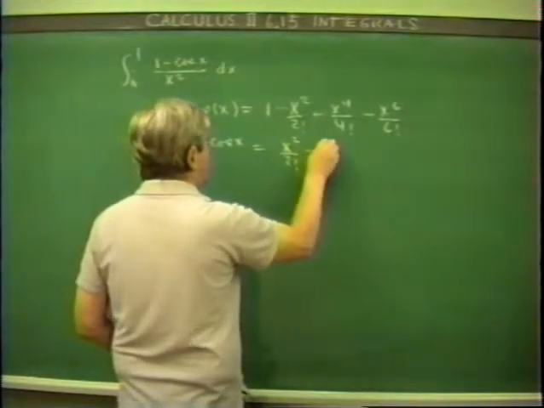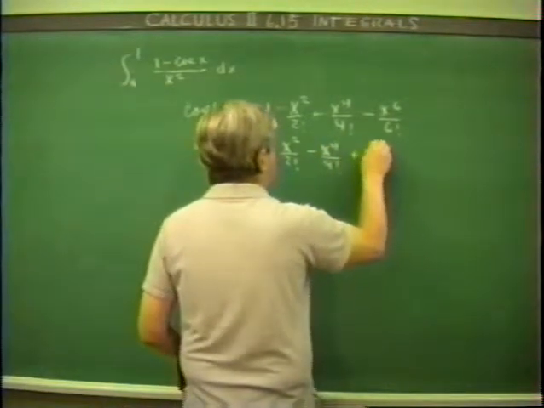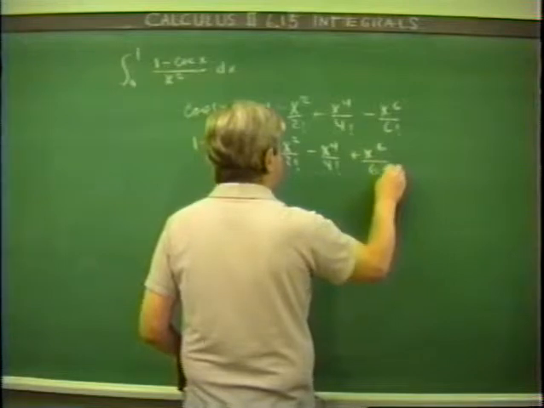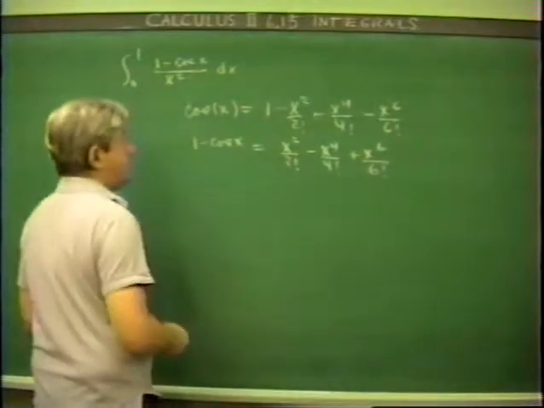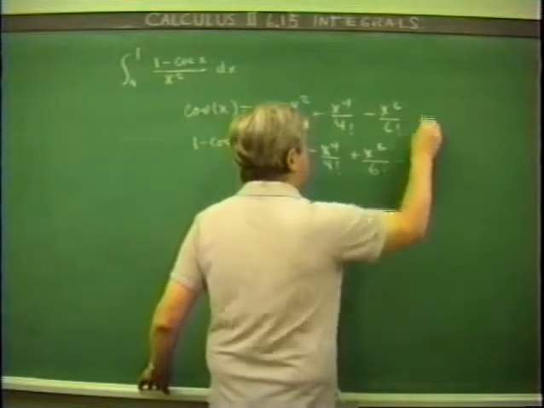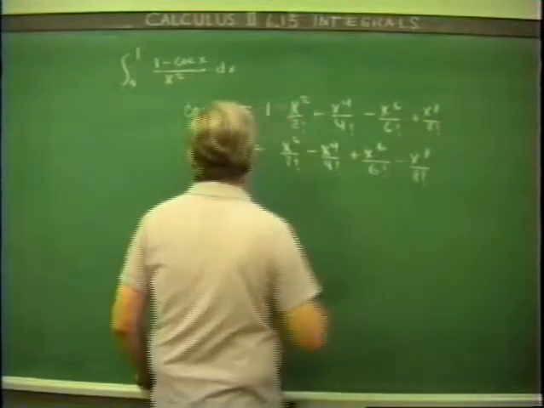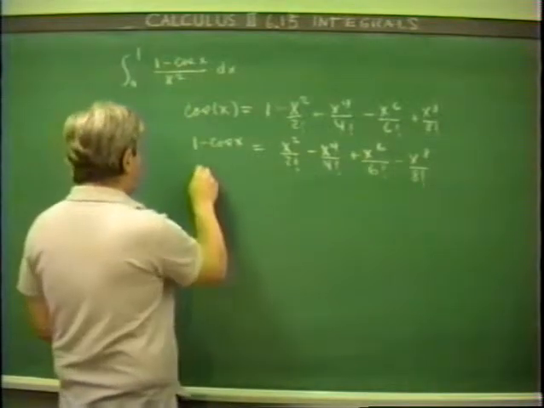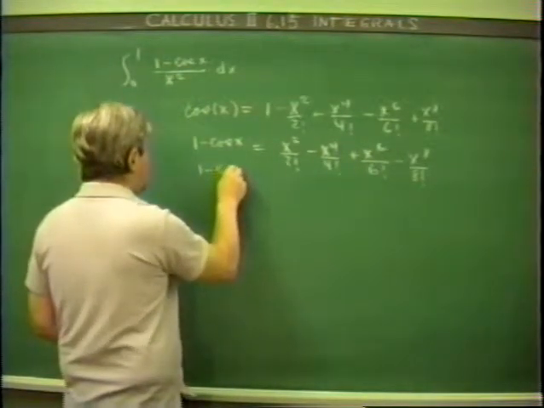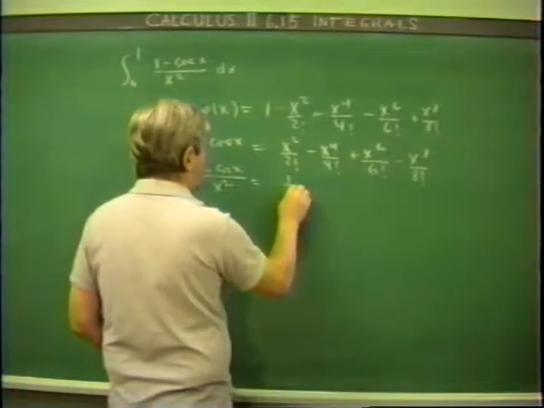And so 1 minus cosine x is going to be equal to 1 minus this: x squared over 2 factorial minus x to the 4th over 4 factorial plus x to the 6th over 6 factorial, and so forth. Let's say minus x to the 8th over 8 factorial. Up here this would be plus x to the 8th over 8 factorial.